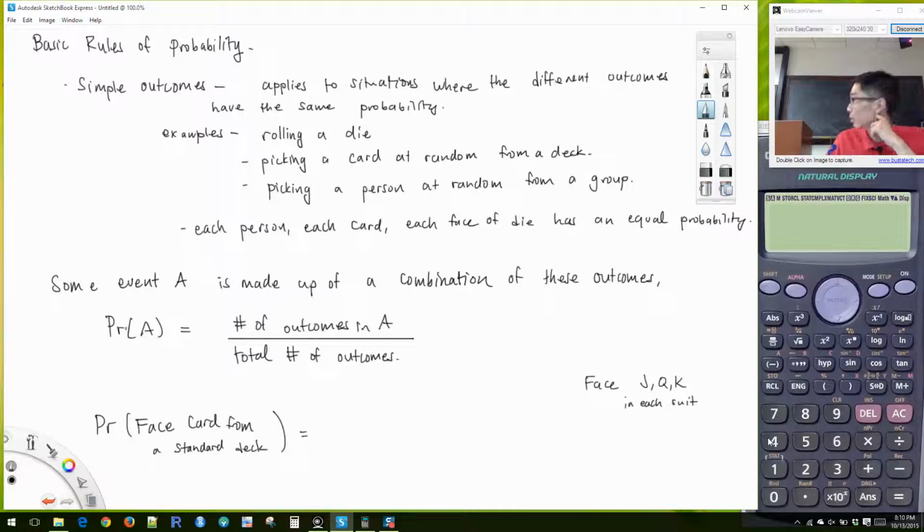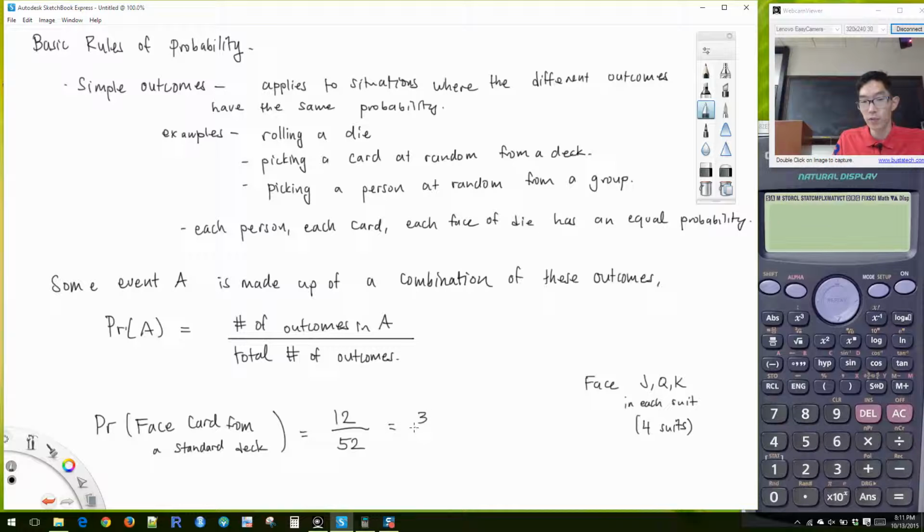Okay, so what is the probability of selecting a face card from a standard deck? 12 out of 52. So 12 divided by 52. Jack, Queen, King in each suit. There are 4 suits total, so we have 12 cards that are face cards, 52 cards total.